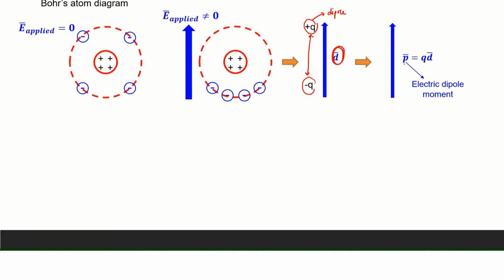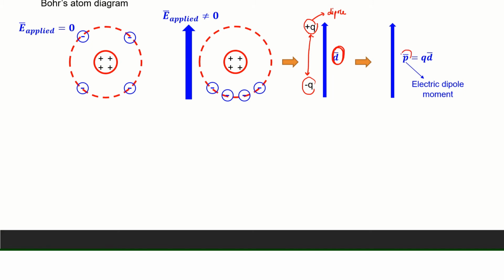Where p, the small letter p, is a vector whose direction depends on where the electric field is applied, and it equals Q, the charge, times d, the dipole distance of the charges. So these charges have a dipole, and this dipole also has a direction that depends on where the electric field is applied.